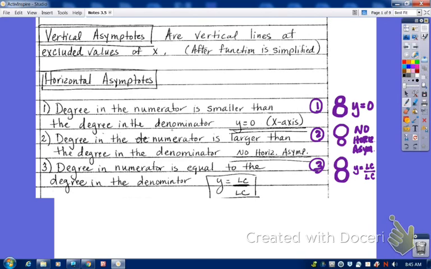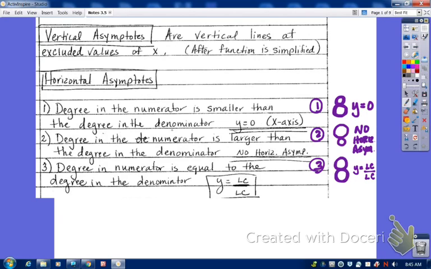Okay? Sometimes these rules are hard to memorize. So to me, the snowman example would help. It would make this stick, kind of like snow sticks, and we don't get a lot of snow around here that sticks, so we really don't know about that. So first of all, the snowman that can't exist is when the top is bigger than the bottom. Anytime the highest exponent in the top is bigger than the highest exponent in the bottom, there's no horizontal asymptote.